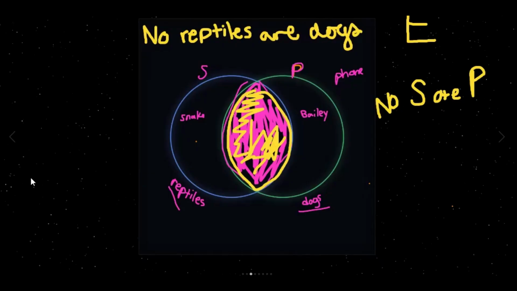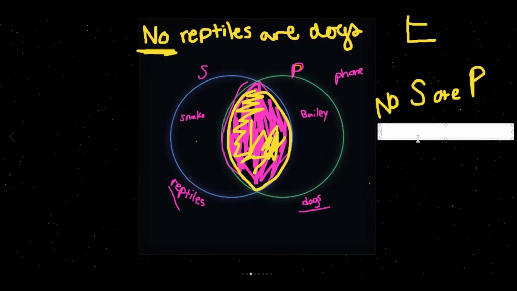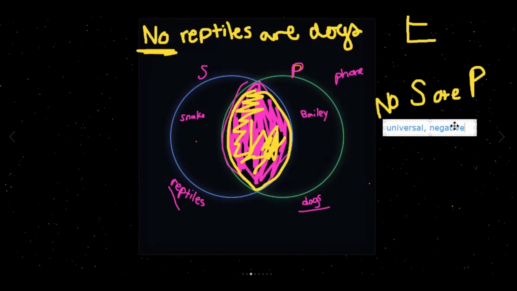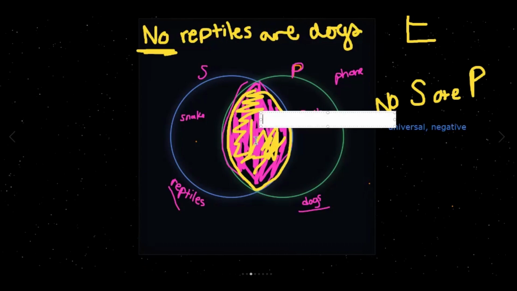An E claim is also universal because no is saying none, making a universal claim about the entire class of reptiles and saying that of that entire class of reptiles, none of them are dogs. So it's a universal claim. But instead of being affirmative like the A claim, it's negative. An E claim is a universal negative. An E claim has the form no S are P. And on a Venn diagram, an E claim shades the middle.